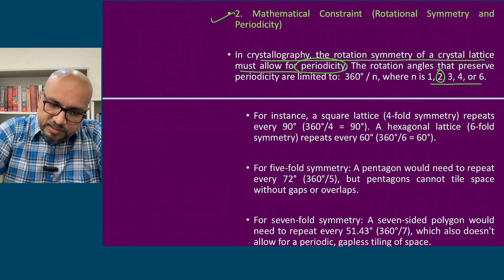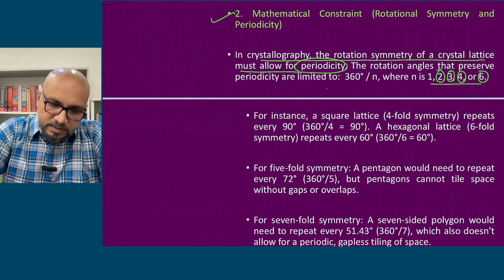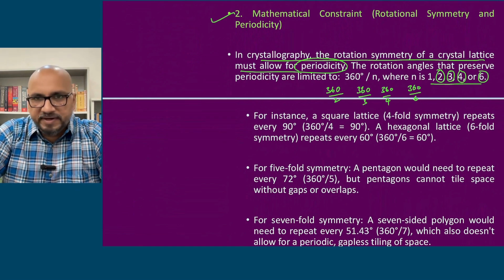So 2-fold rotation, 3-fold rotation, 4-fold rotation and 6-fold rotation, है ना? 360 by 2, 360 by 3, 360 by 4 and 360 by 6. Perfect division होता है. Okay.